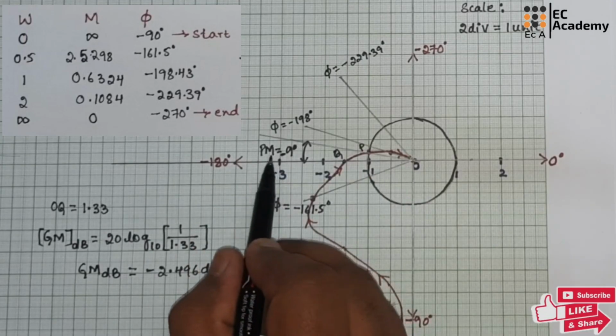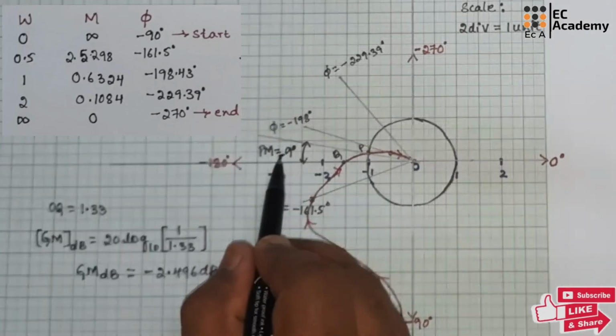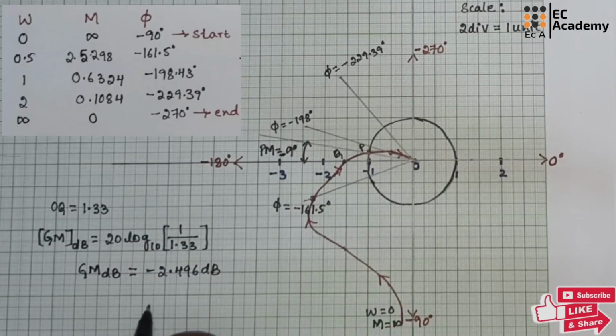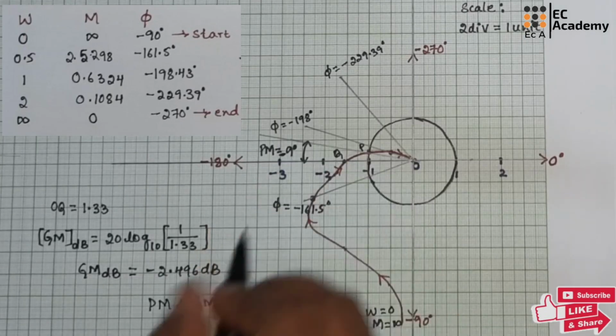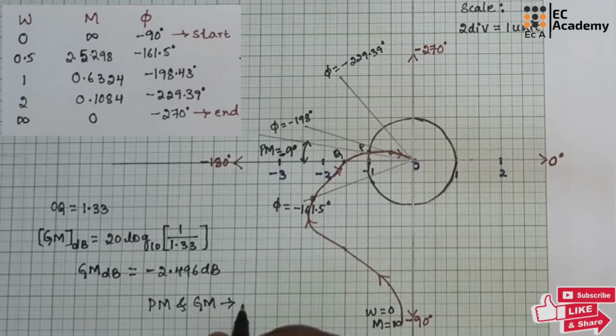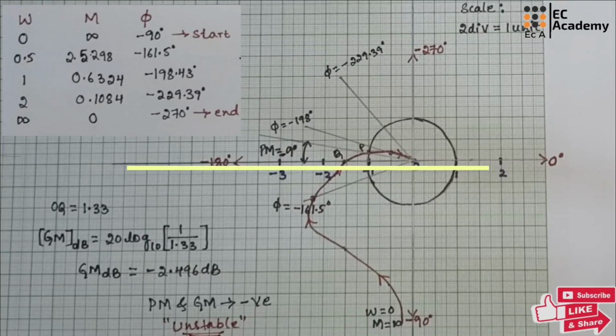You just make the correction. Phase margin is minus 9 degree. So we got the phase margin and gain margin, and both are negative. If both phase margin and gain margin are negative, then the given system is unstable. The system is unstable.